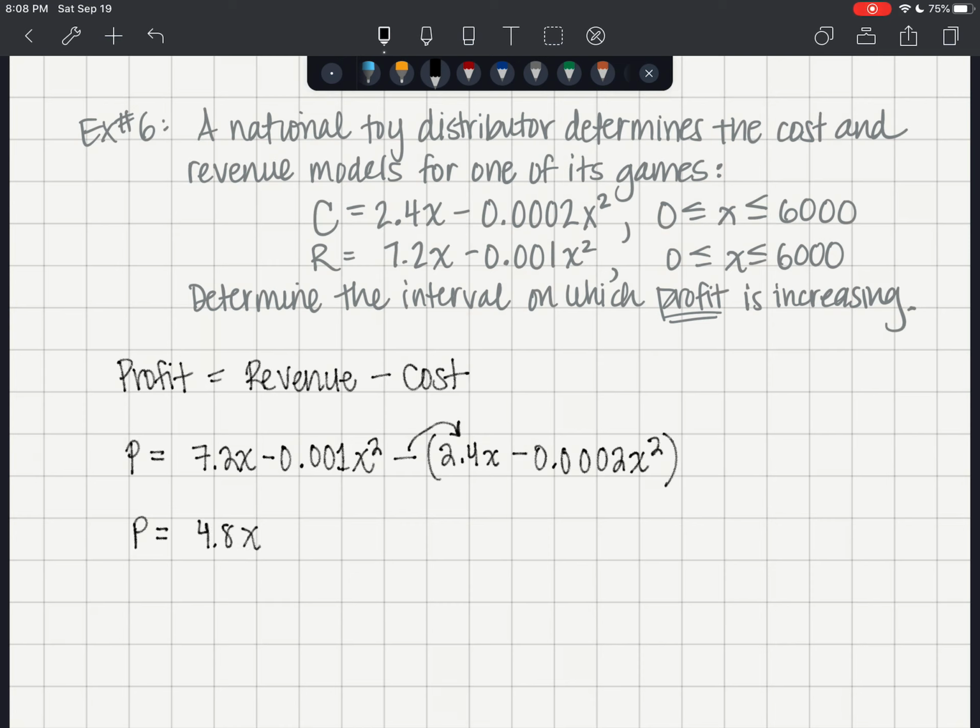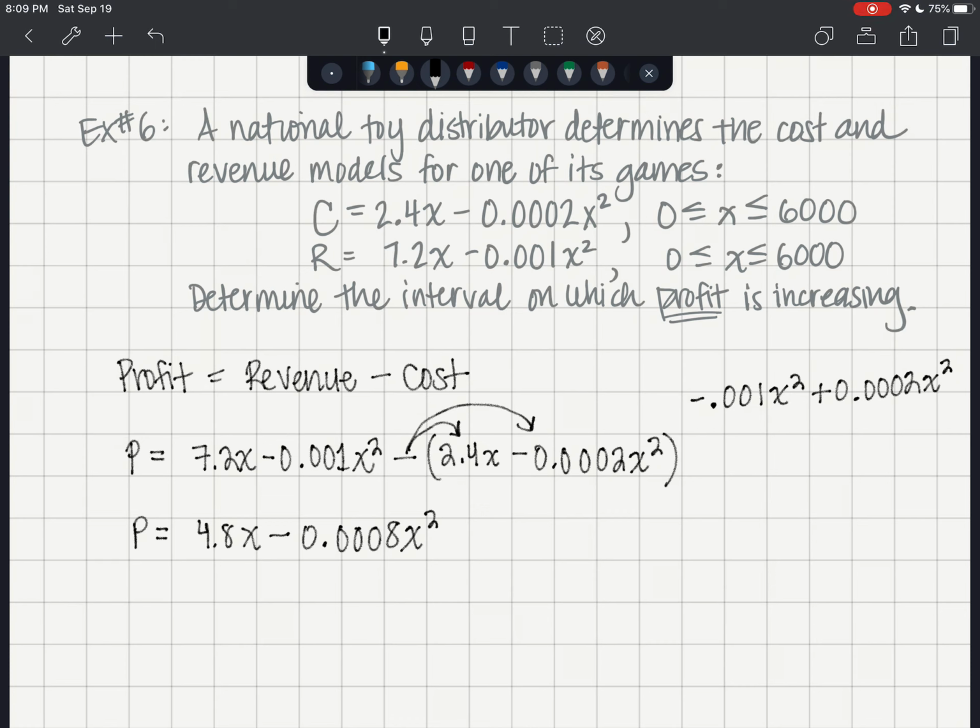And then minus 0.001x squared plus 0.002x squared. 0.001x squared plus, and that's a negative, 0.0002x squared is going to give us negative 0.0008x squared.